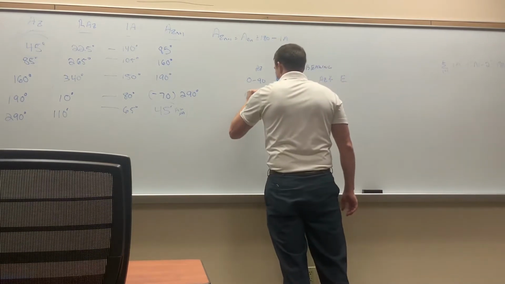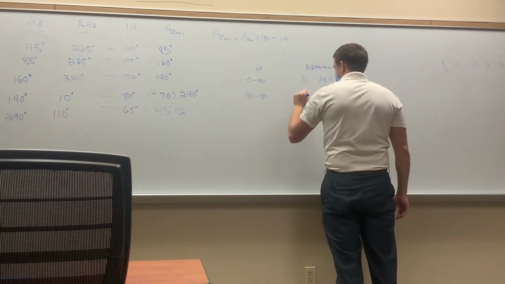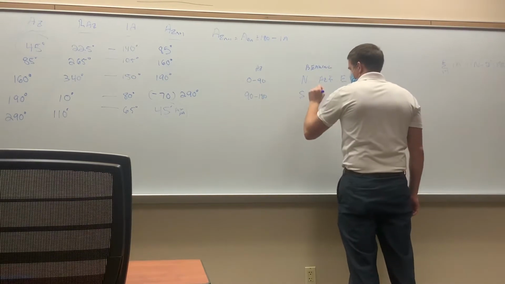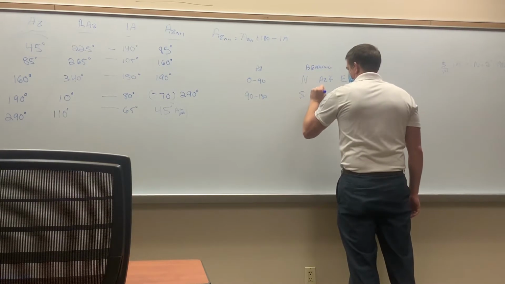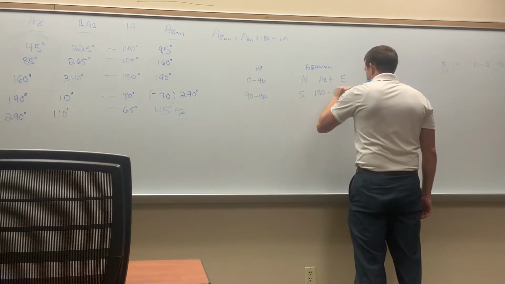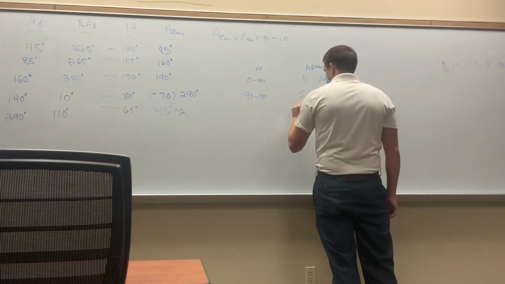Between 90 and 180, it is south, 180 minus the azimuth angle, east.